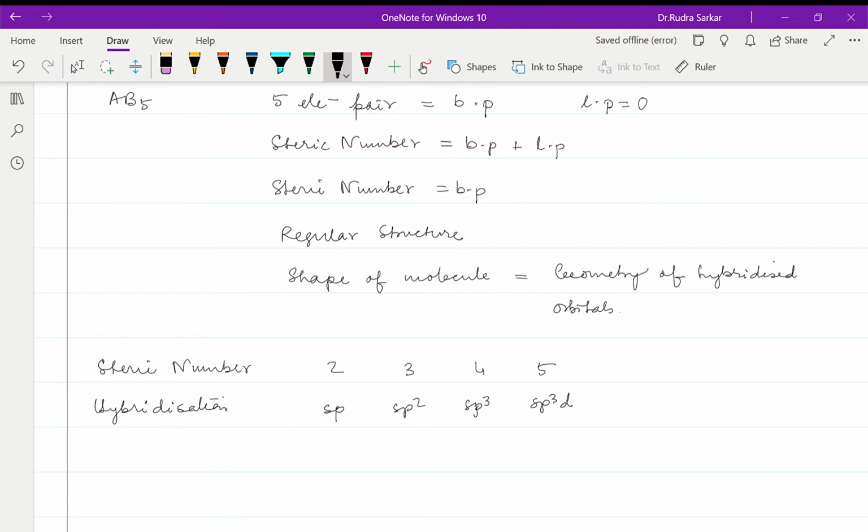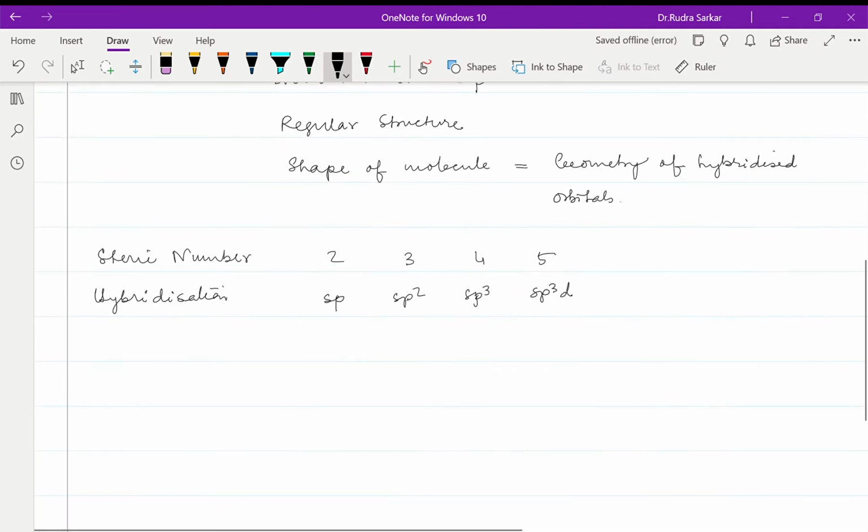Now, interestingly, sp3d can also be written as a combination of sp2 plus pd.